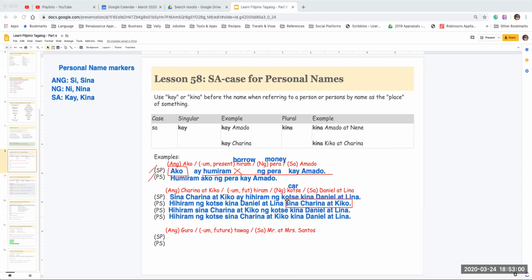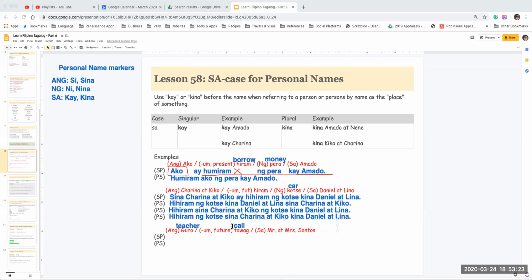All right. Let me see here. I need to move this square here. Let's try the number 3 sentence. Guro. What is guro? Do you remember? Teacher. Okay. Tawag is call.